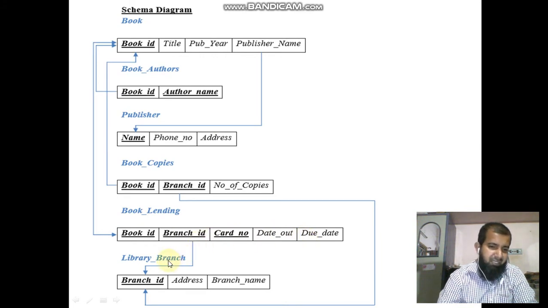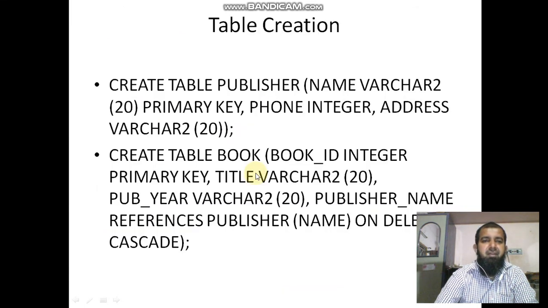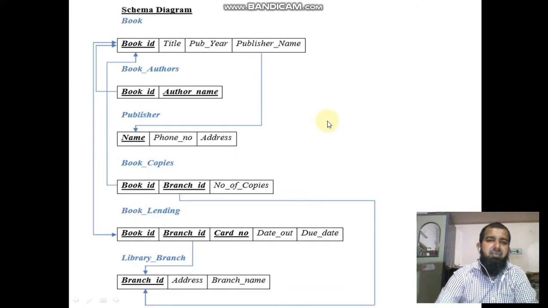And the last one is library branch. It contains branch ID, address, branch name. Here branch ID is the primary key. So first we'll create the tables one by one. First the book table. Here the direction indicates the reference. Book ID of book table is a reference to book ID of book lending table.